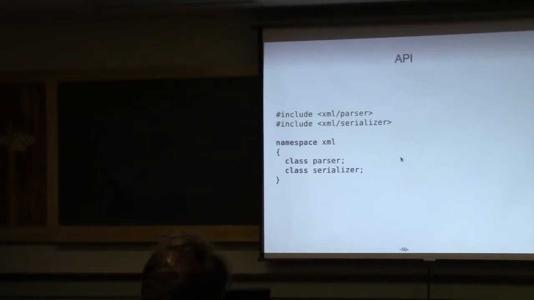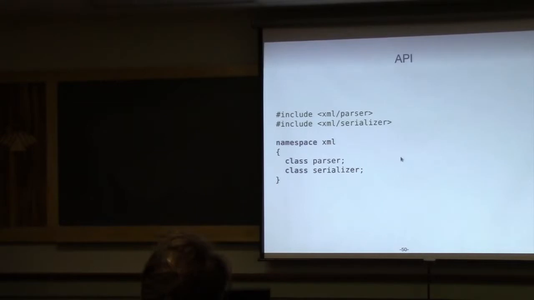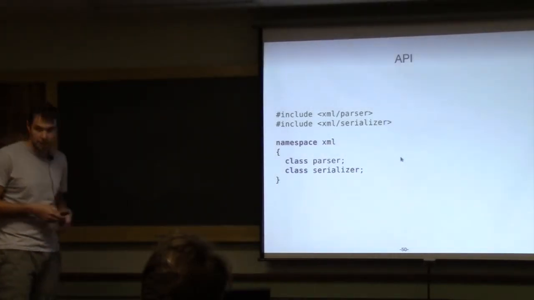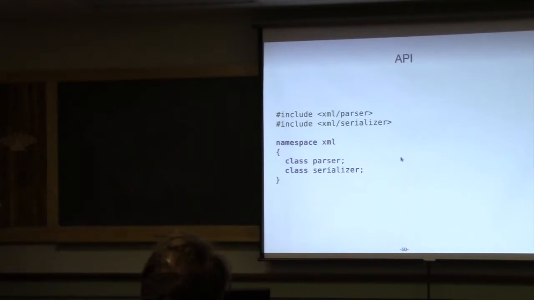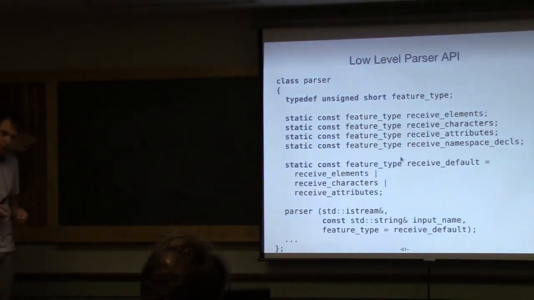Remember the three common use cases for XML that we discussed earlier. Converters and filters normally require the lowest level API with a minimum overhead, so we'll start there. That's where you can also parse all kinds of mixed content. When designing this API, I try to make things as self-explanatory as possible because I hate writing documentation.